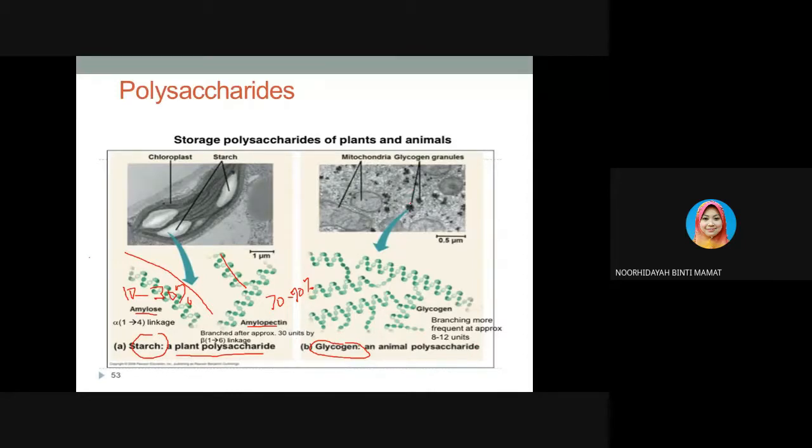Like starch, glycogen can be found as granules. Glycogen is normally found in the liver and also muscle cells because they are the organs that need more energy. Muscle cells require more energy.